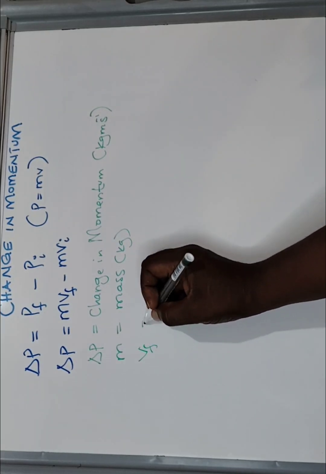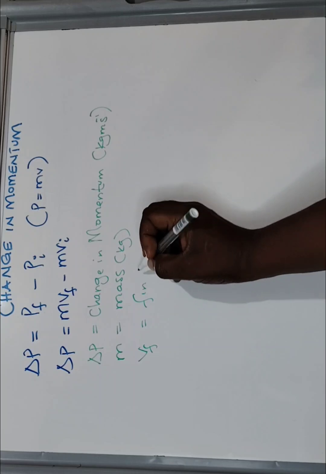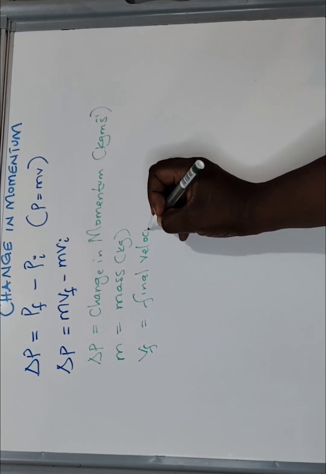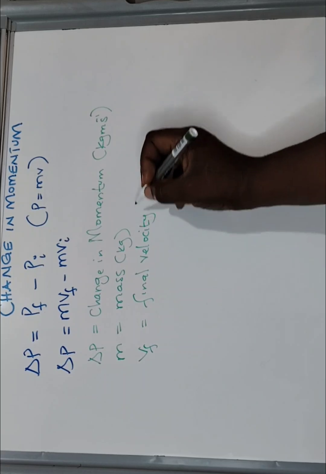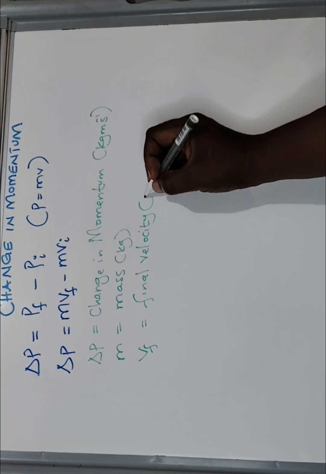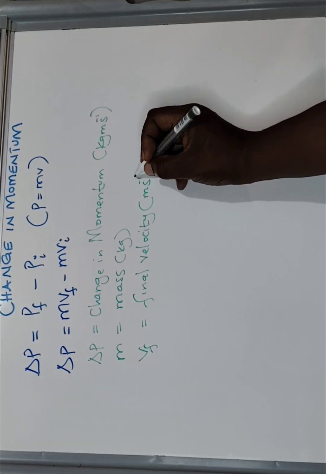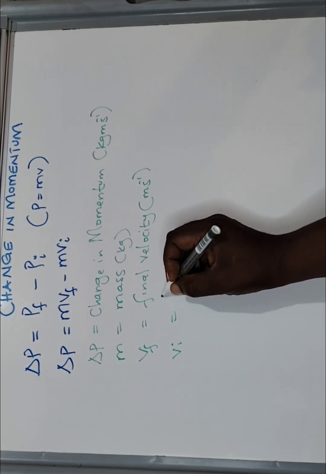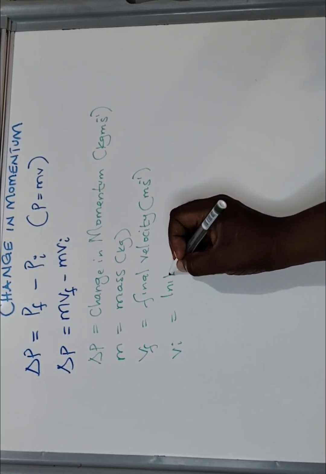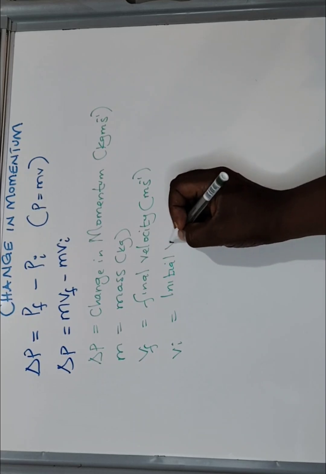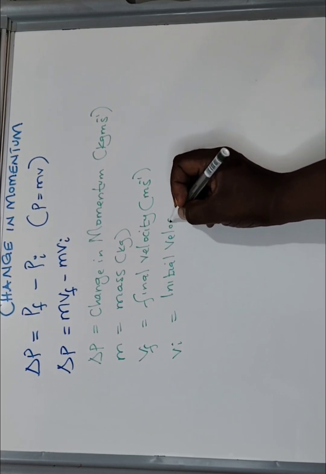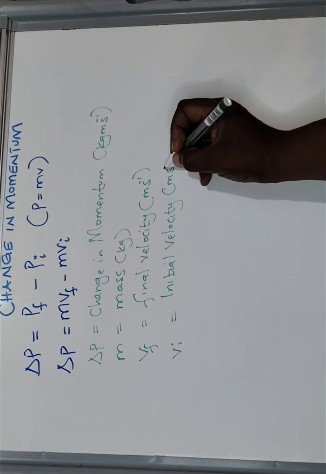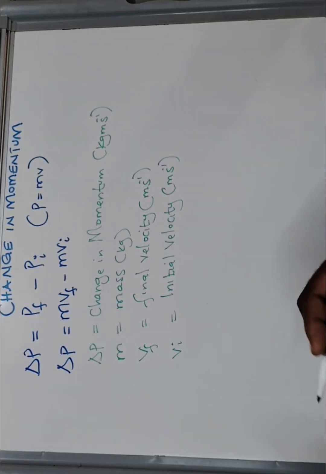Vf is final velocity, given in meters per second. And Vi is initial velocity, also given in meters per second.